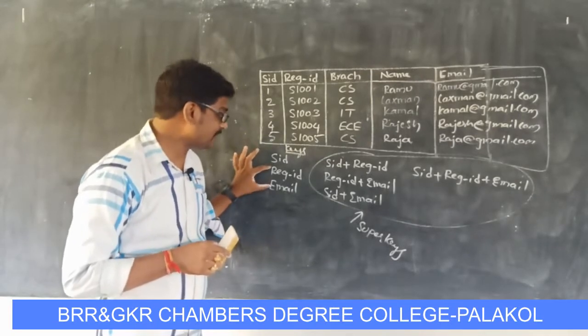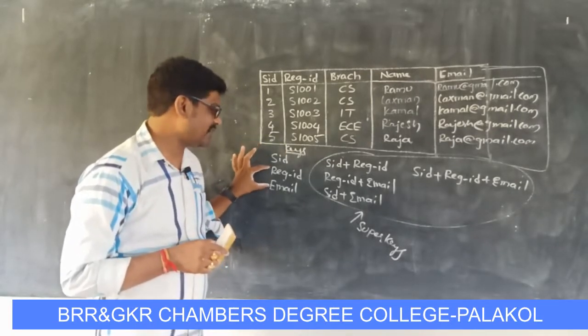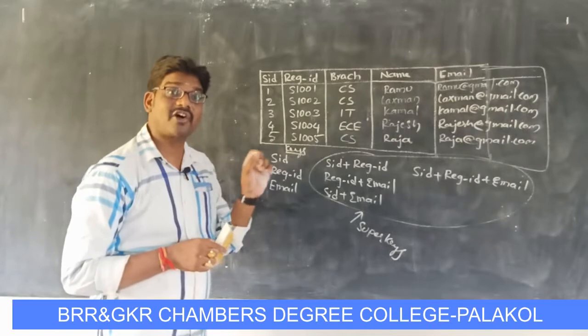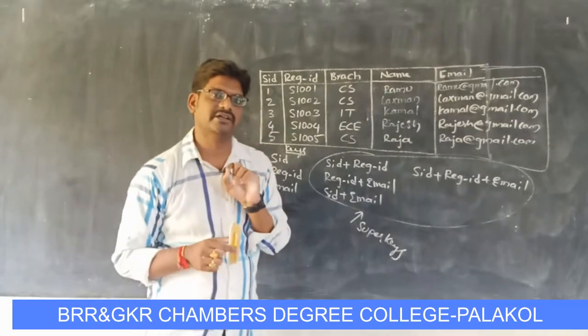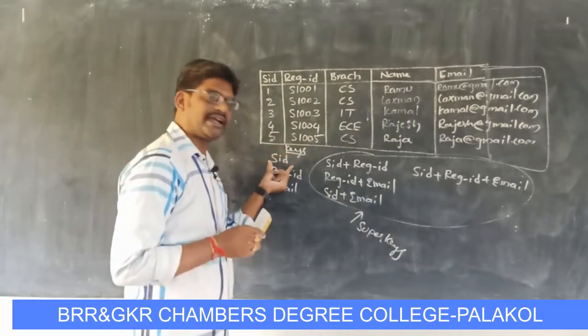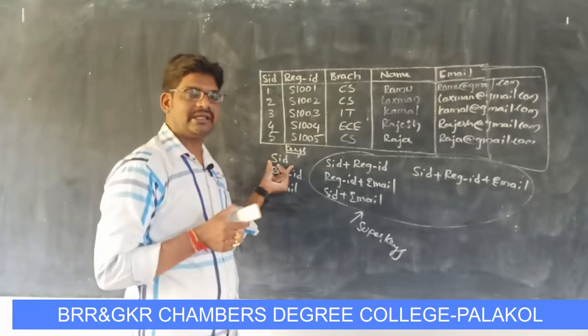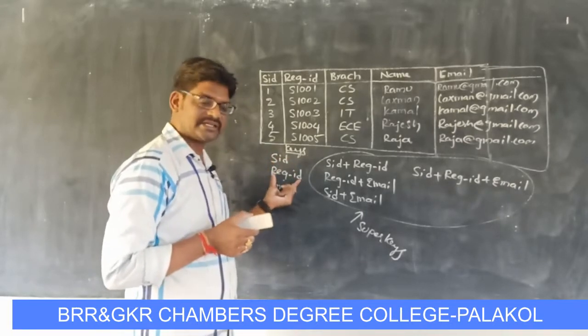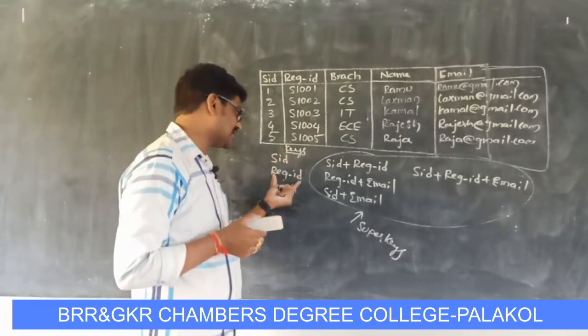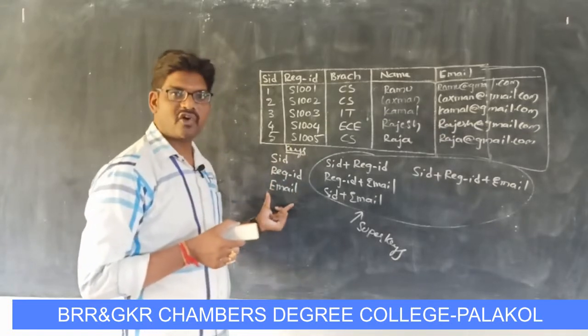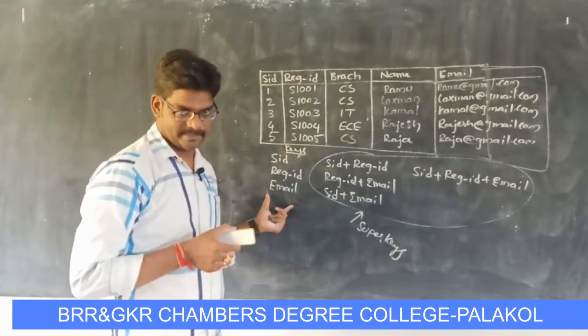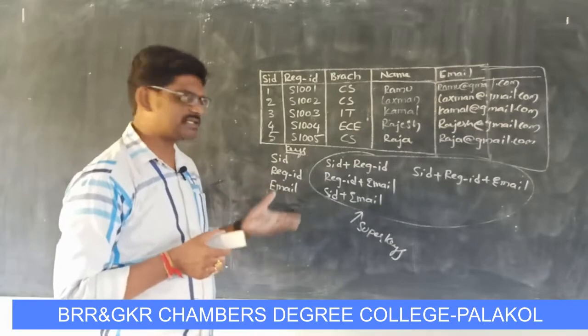If you take SID as the primary key, the remaining two, registered ID and email ID, we call alternative keys. Note this point. The remaining keys, registered ID and email ID, are alternative keys.